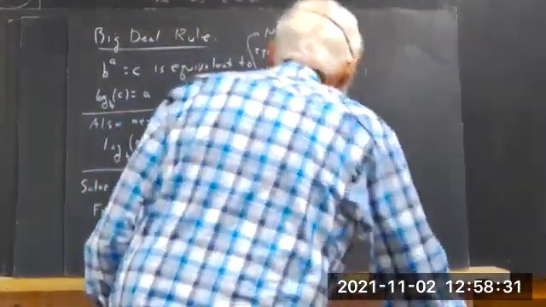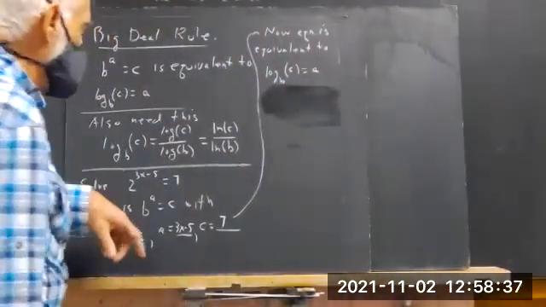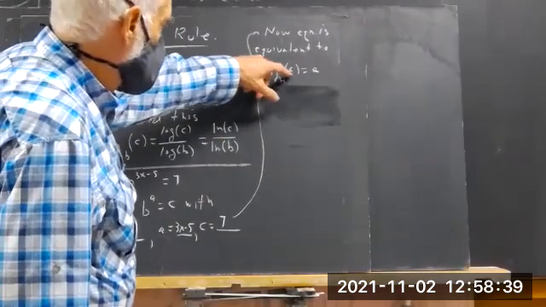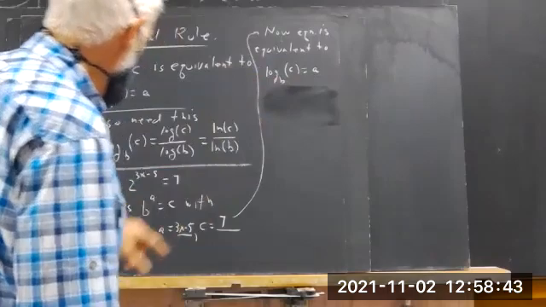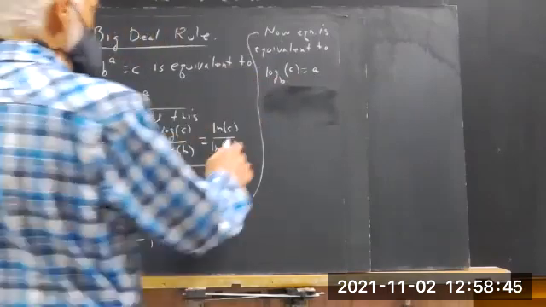Let me explain this once more so we have the video. Log base b of c equals a. So you're going to write all this out except we're going to have 2 for b. Let's start that.